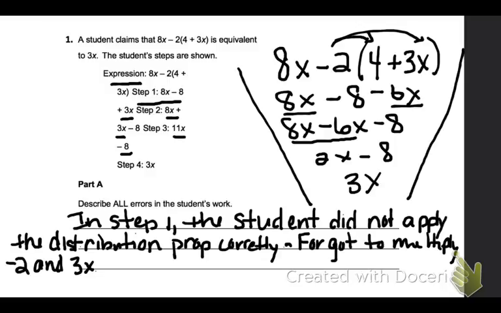Then the student combined, it looks like, 11x and 8 together, and got 3x. Okay, this can't happen, so that's the next mistake, right? We cannot combine 11x and negative 8, because they are not like terms.